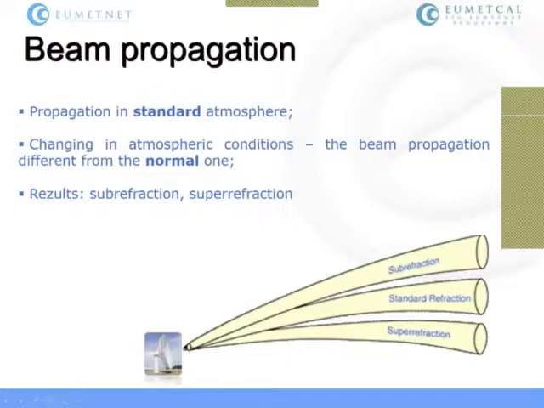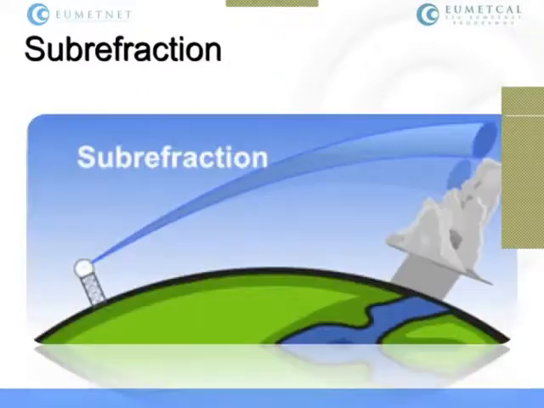We can have, for example, subrefraction, where the beam trajectory is higher than the normal one, and we can also have superrefraction, when the beam is propagating lower than under normal propagating conditions. These are a few illustrations.